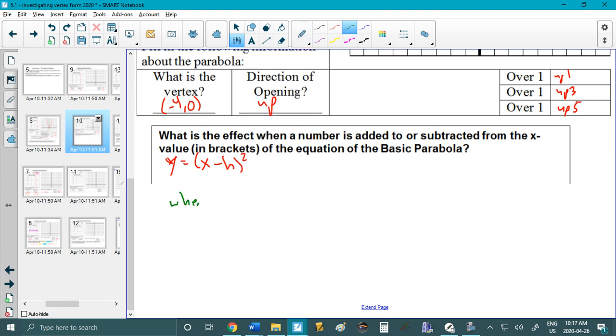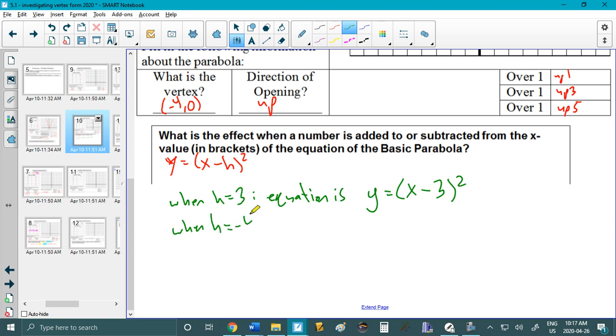So when h equals 3, the equation is y equals x minus 3. When h equals -4, the equation is y equals x plus 4 squared.